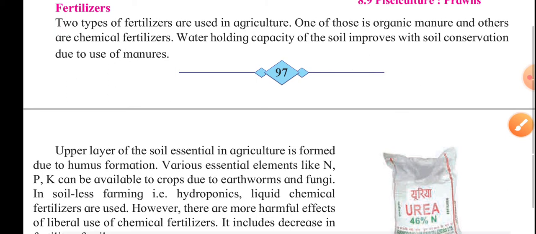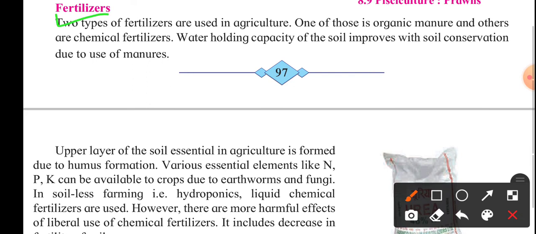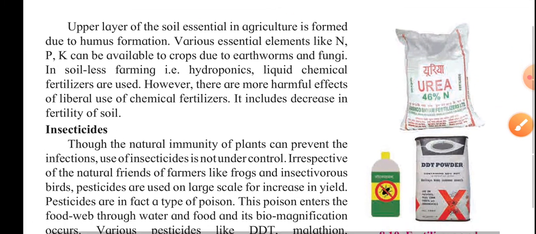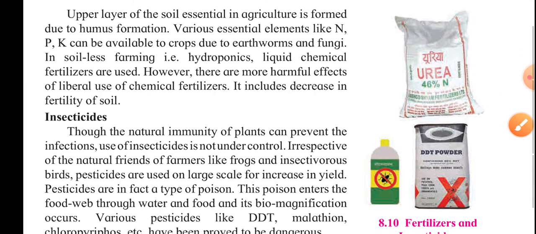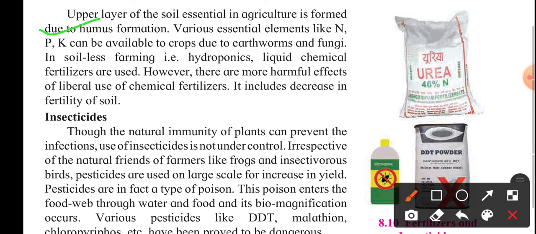Next are the fertilizers, because if we talk about harvesting, then fertilizers are a very important part of it. Two types of fertilizers are used in agriculture: one is organic manure and the other is chemical fertilizers. The water holding capacity of the soil improves, along with soil conservation, due to the use of manures. The upper layer of soil essential in agriculture is formed due to humus formation.